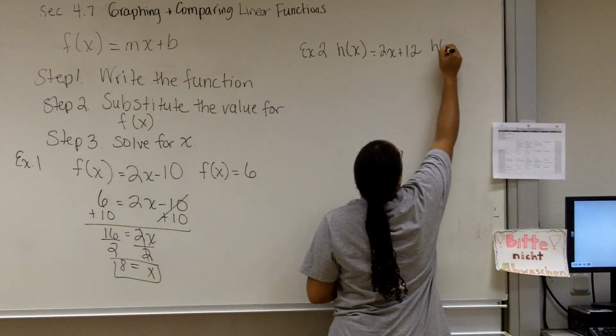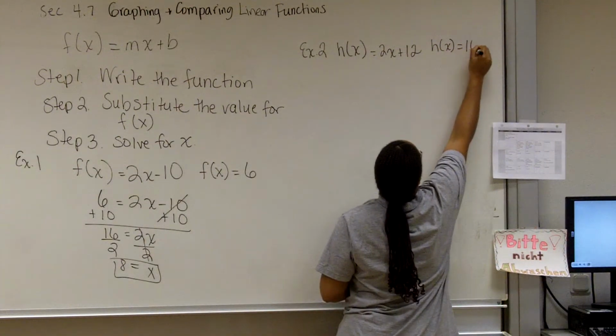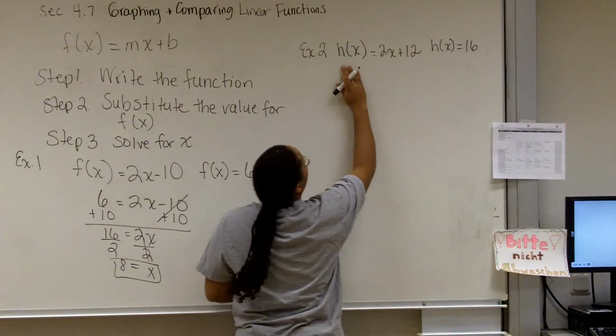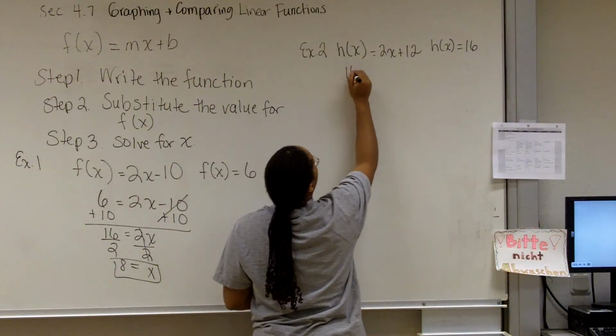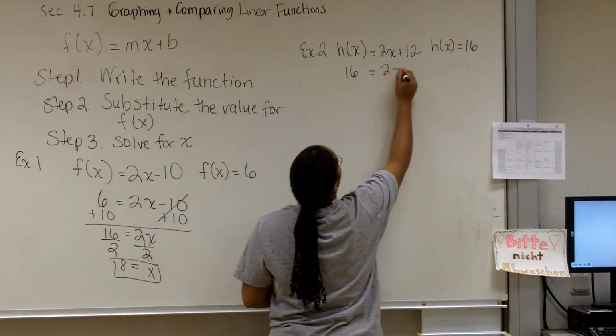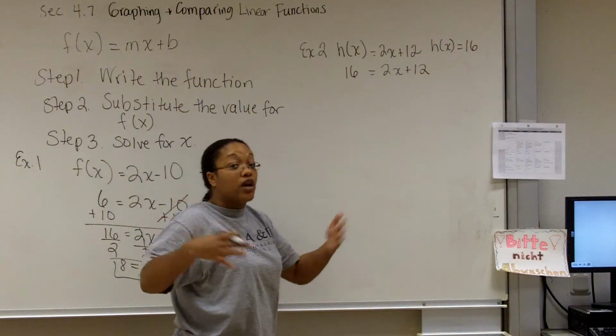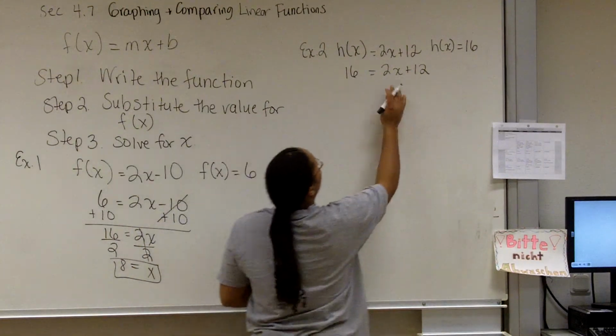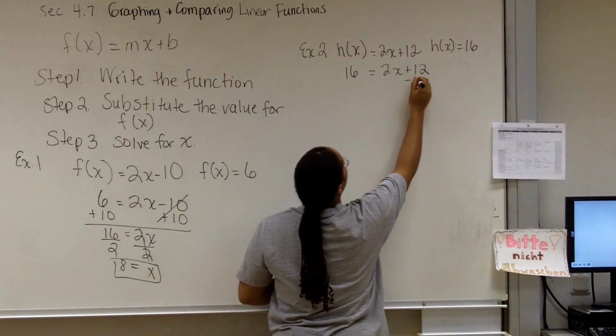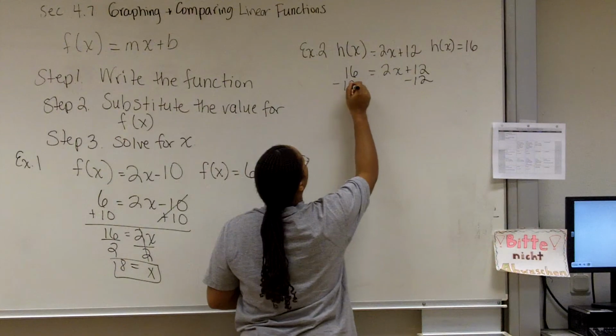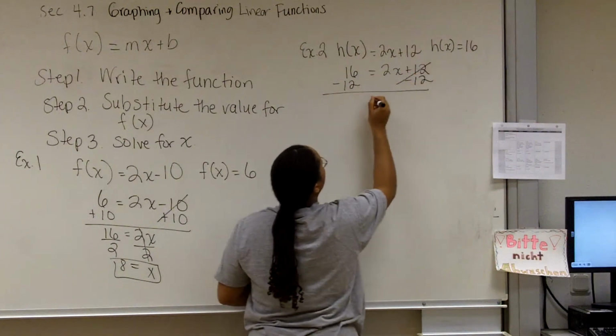So for example 2, here is your function, and we want to know what x is when h of x equals 16. So if h of x is 16, I substitute, set it equal to 2x plus 12. The rest is simple algebra from a chapter ago. I got to get x by itself, so first let me subtract both sides by 12. 12s are gone.